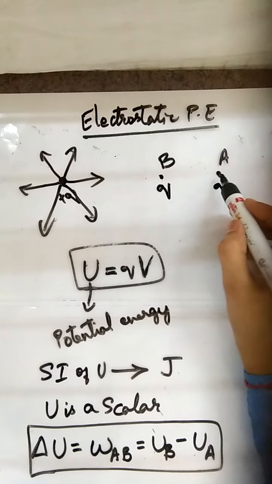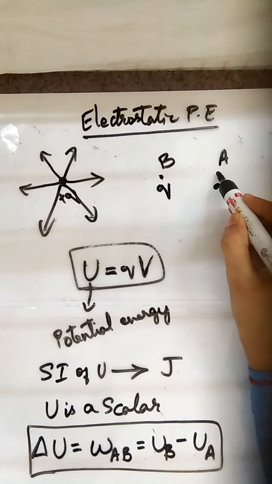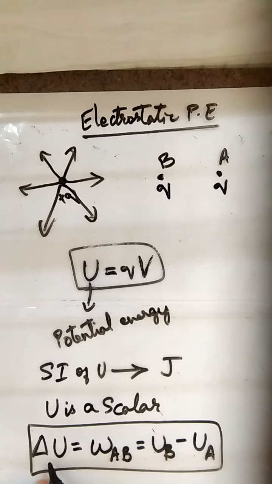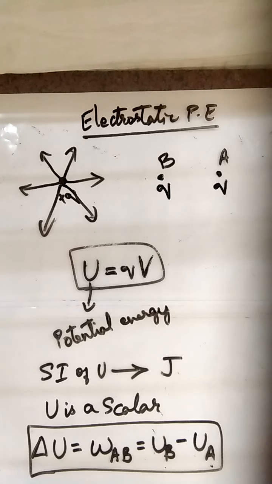So the difference between the work done by you in bringing it from here to here is nothing but the difference in the potential energy, which is given as UB minus UA.